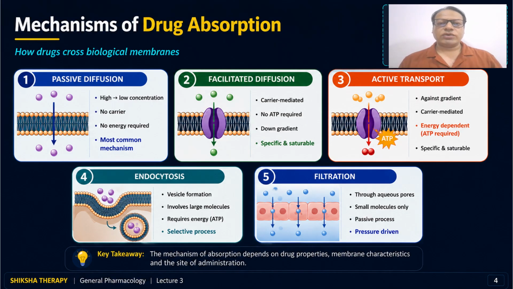The process requires a carrier as well as energy in the form of ATP. Endocytosis involves vesicles formation and it is mainly important for large molecules. And in filtration, small molecules move through aqueous pores. The most important point to remember is for many drugs, passive diffusion is the major mechanism of absorption.